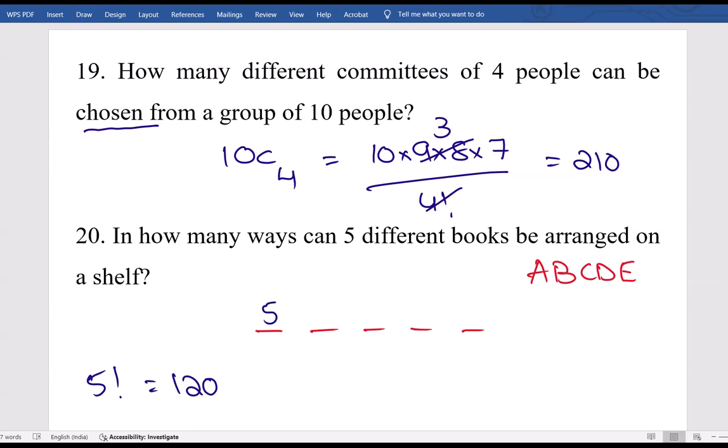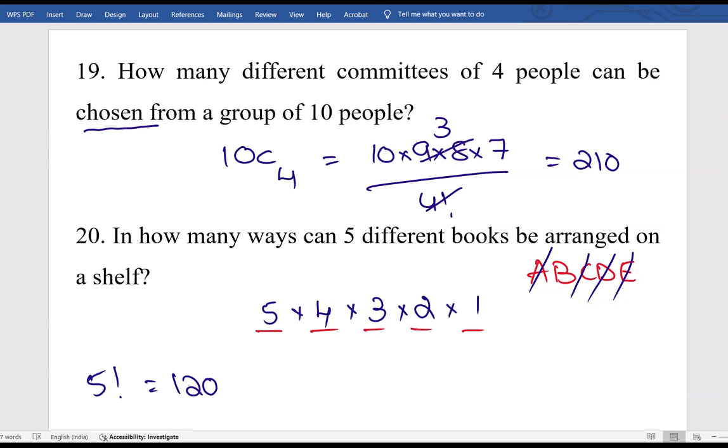It can be A or B or C or D or E. If D is placed, now I have only 4 ways to fill this slot, 4 books only available. Next, let us assume A is placed. Now I have only 3 books to fill this slot. Now this book is kept here. Now I have only 2 books to fill this slot. And this book is arranged already. Now I have only 1 book to fill this slot.